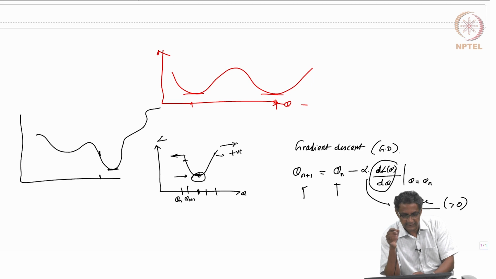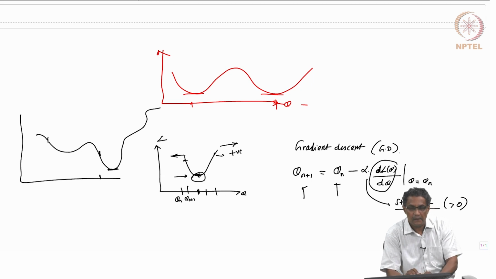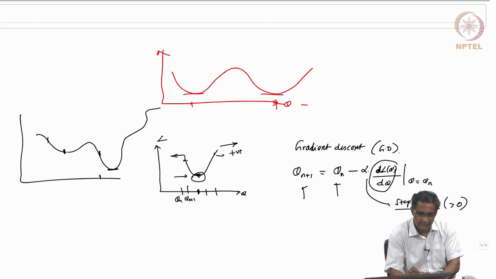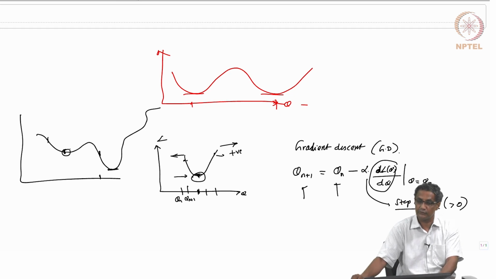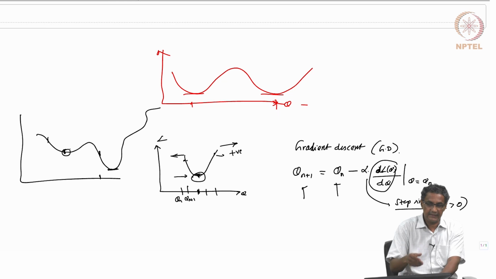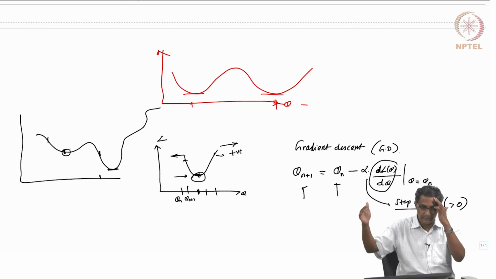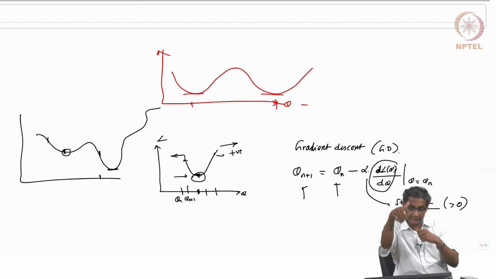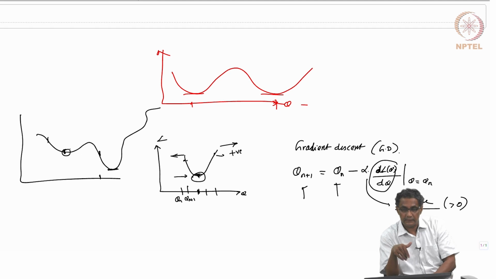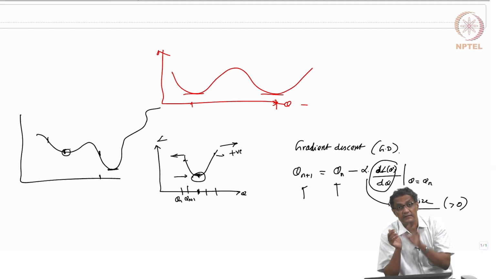On one hand it's a good thing, but the bad thing is that if I had started here, unfortunately, there's no way that I can escape this. I'll end up there and I have to accept that solution. Think of a hill with multiple such mounds. Sitting here, I can't see whether the other side is more down or more up, unless I climb.